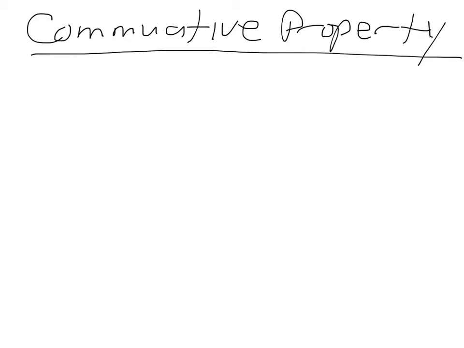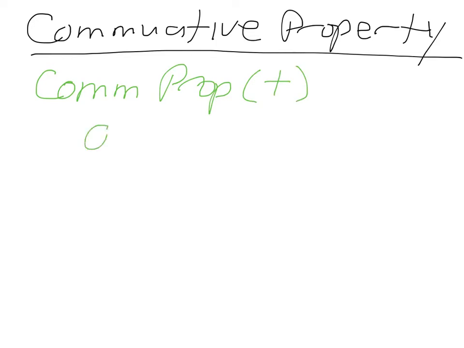The first of the commutative properties, and I'm going to abbreviate these, so I'll teach you the abbreviations, is the commutative property of addition. The commutative property of addition says A plus B equals B plus A. It basically says it doesn't matter which way you add, you're always going to come up with the same number.